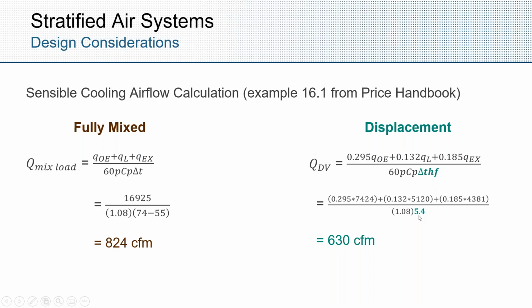They currently allow 5.4 degrees for a seated occupant, or 7.2 degrees for a standing occupant. If you plug in all these numbers, trust the math there, what you'll get is the matching overall BTUs, and then what you get is 630 CFM for displacement.